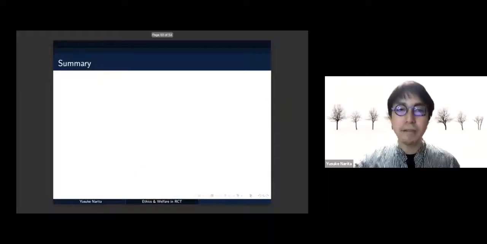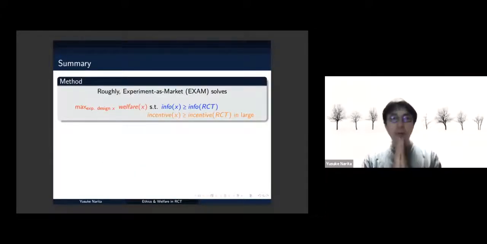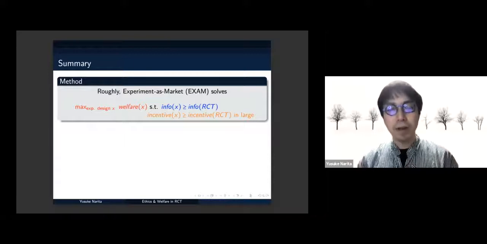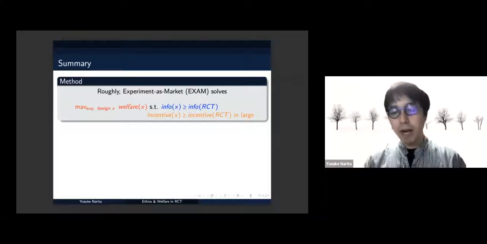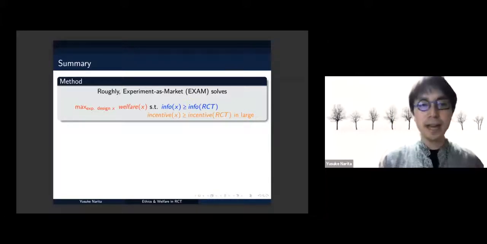So if we summarize what I talked about, this experimental market or exam is a solution to the following hybrid problem of mechanism design and experimental design. That is, we'd like to maximize the welfare of experimental subjects, subject to the constraint that we need to provide as much information and as much incentive for truth telling as in RCT.